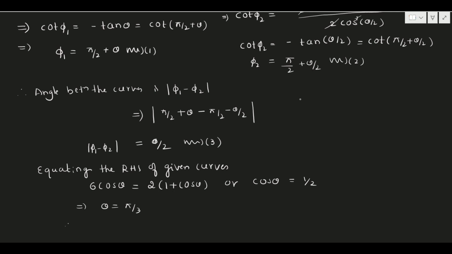Therefore equation 3 becomes modulus of phi 1 minus phi 2 equals (pi by 3) divided by 2. So the angle of intersection of these curves is pi by 6, that is 30 degrees. This is the angle of intersection of the given two curves.